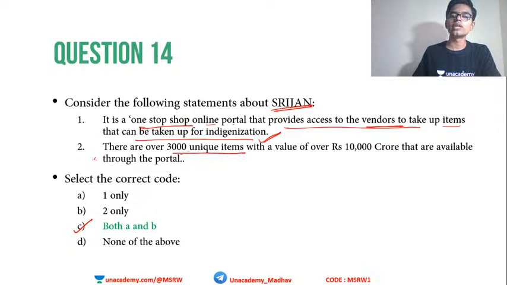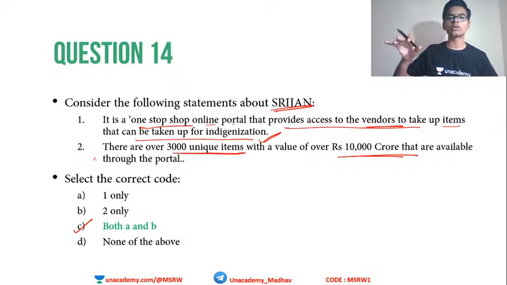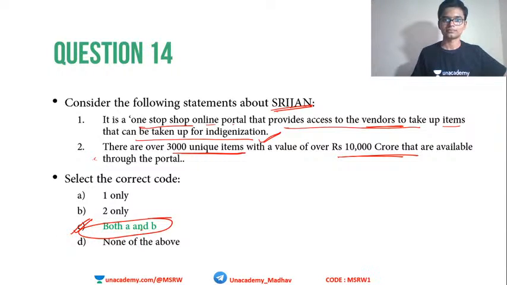Over 3,000 unique items with a value of over 10,000 crores are available through this portal. So the vendors can go to this portal and choose any of the goods which can actually be indigenized. That is the aim here: growth of domestic manufacturing. Both the statements are correct. Option C is the right answer.